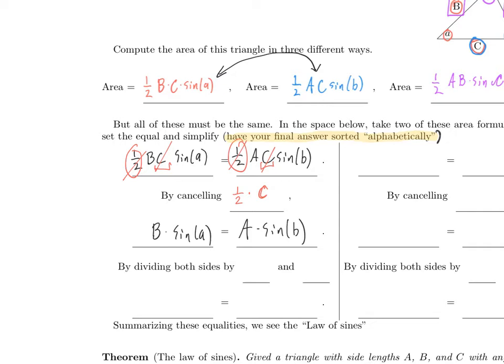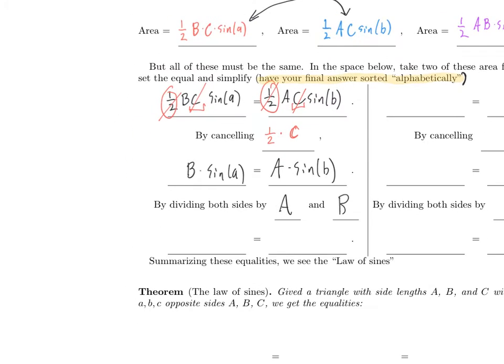So if I want all the a's on, say, the left-hand side, it looks like I will need to divide both sides by a. And I want to move this b to the other side, so I'll need to divide both sides by b. So if I divide both sides by a and by b, or by a times b if you prefer, you will wind up with sine of A divided by a is equal to sine of B divided by b.